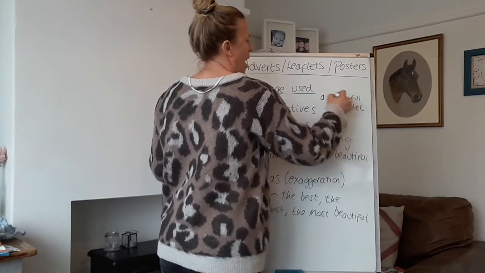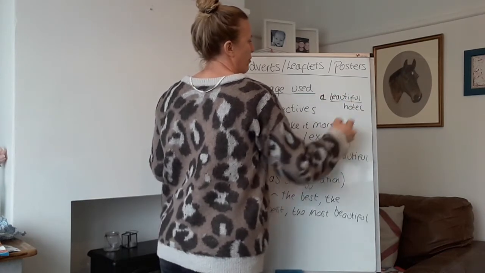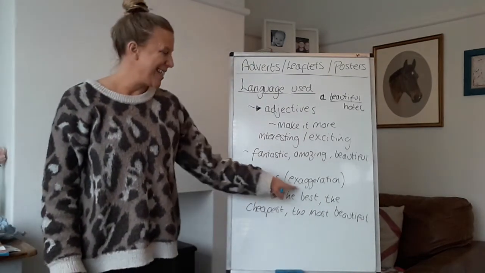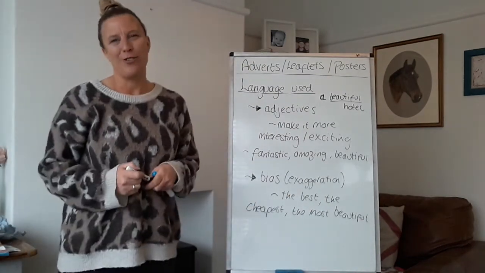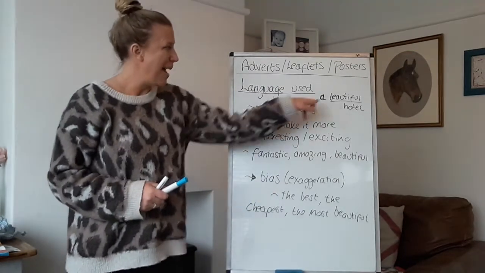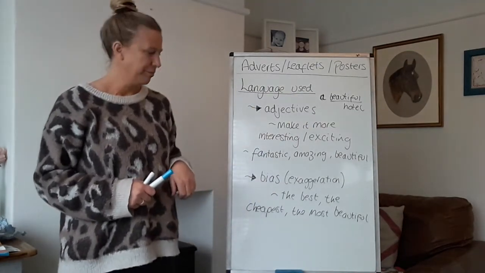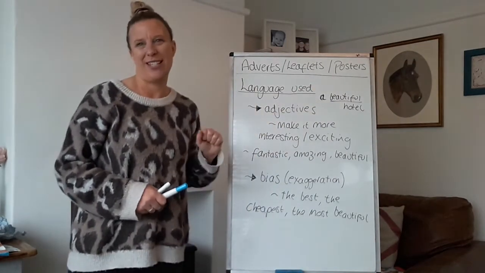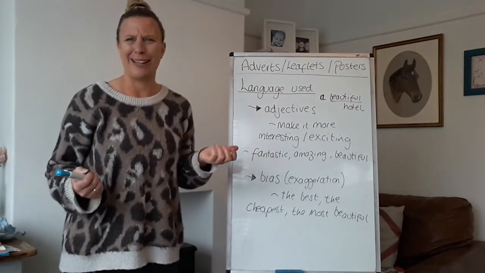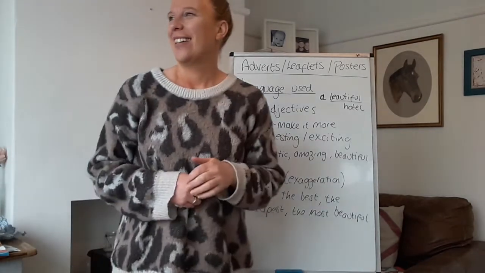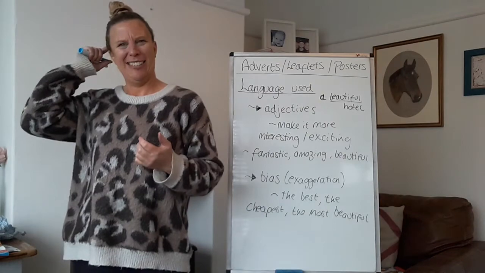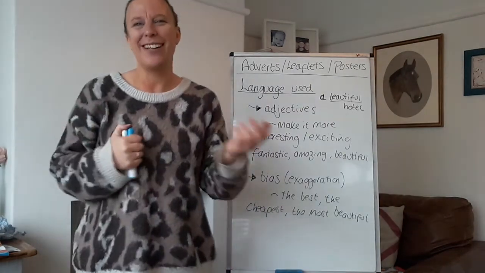Adjectives describe the noun, don't they? And then we also have bias, where we exaggerate the truth a little bit. So the best hotel, the most beautiful hotel, the cheapest hotel. Don't know whether that's a good thing though. The cheapest, I don't know whether cheap is always good, but you get my meaning.